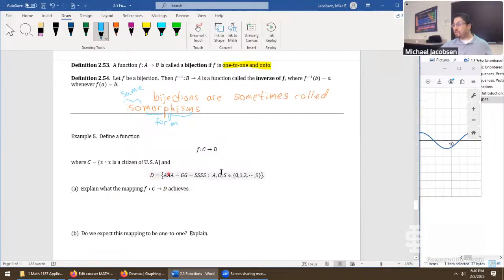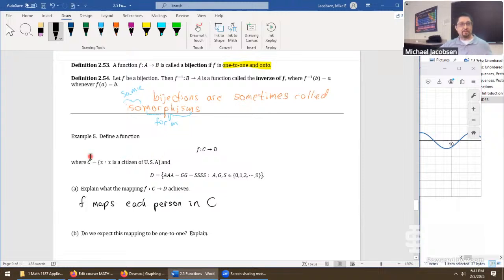So by knowing what that set D is, however, like you mentioned, it explains what the mapping f is trying to achieve. f maps each person in C. We know it's each person who is a citizen of the United States of America, but that'd be redundant.